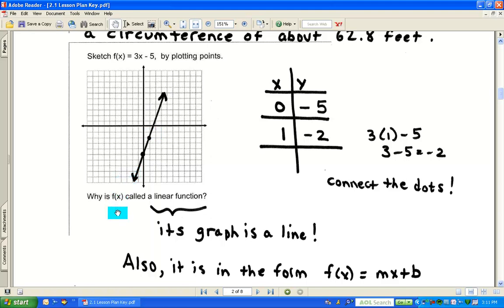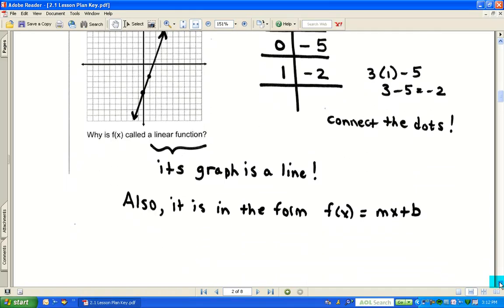Why is f of x called a linear function? Well, first of all, anytime you have a linear function, the graph will be a straight line. A way again that you knew this was going to be a linear function is that x was raised to the first power. A first degree function and a linear function are the same. You always expect the graph to be a line.